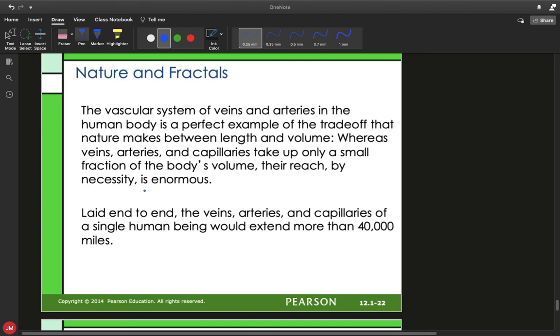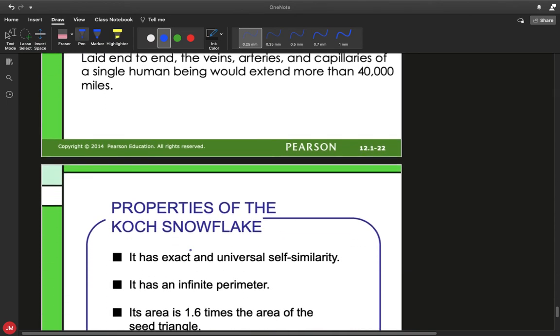In fact, if you were to lay them end to end, all the veins, arteries, and capillaries of a single human would be more than 40,000 miles long. So a very, very long perimeter, but they really don't take up much area in your body compared to a lot of the other things. An interesting thing that you would see there.